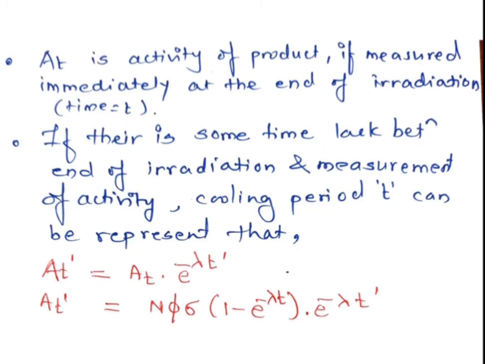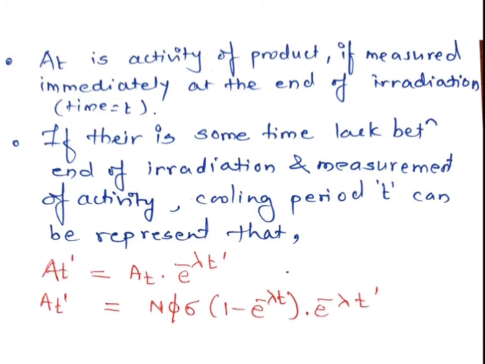So A_t' is equal to A_t into e raised to minus lambda t', because when we measure the activity immediately, it will be A_t, and when a certain time period has gone, then the activity will be reduced.